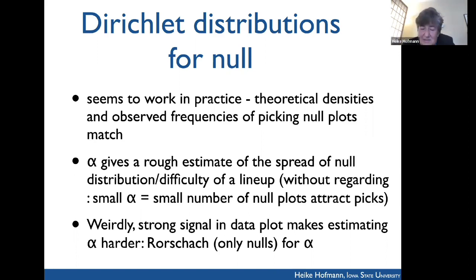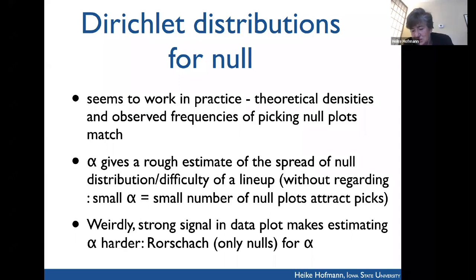And we're in a strange situation that we can't get to a significance value when there's a very strong signal, because we can't properly estimate the concentration parameter. In those situations, it might be good to also estimate alpha separately and show to people a separate plot, a so-called Rorschach, that only shows null plots, so that we can get a better handle on what kind of alpha to use in these situations.